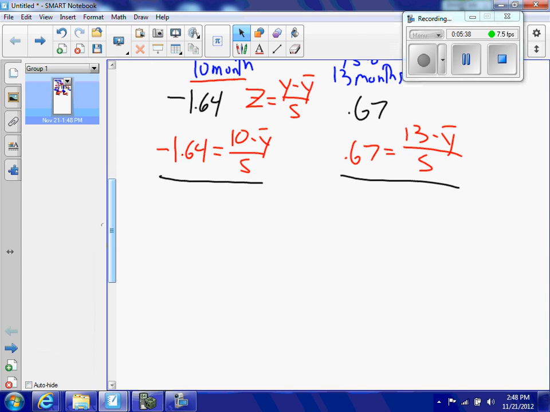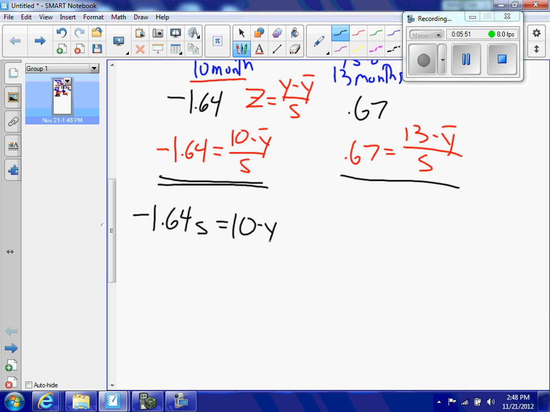Here's what I'm going to do. I'm going to multiply both sides of my equation here by s. So I'm going to get negative 1.64s is equal to 10 minus y bar. I'm going to isolate y bar, so I'm going to subtract 10 from both sides. So I'm going to get negative 1.64s minus 10 is equal to negative y bar.